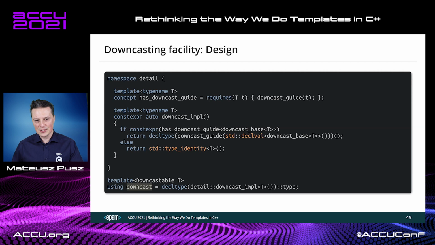Still, this base dimension created by the engine is derived from the downcast base, because it is meant to be downcasted. Otherwise, it will not work. I hope, Peter, that it answers your question. If not, we can talk about it offline, because I'm not sure if I correctly understood it.